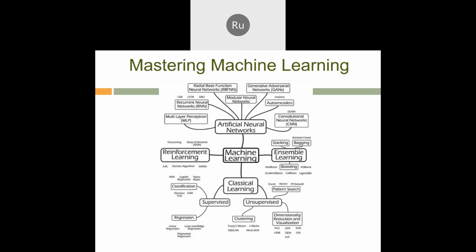Okay, so if we look at the general trend of machine learning, we have classic learning. In classic learning, we have supervised learning, which could be divided into classification and also regression.